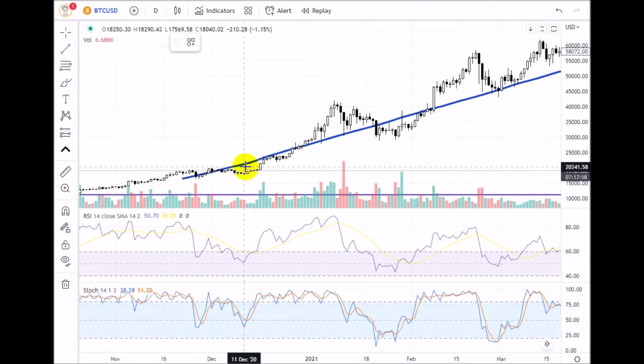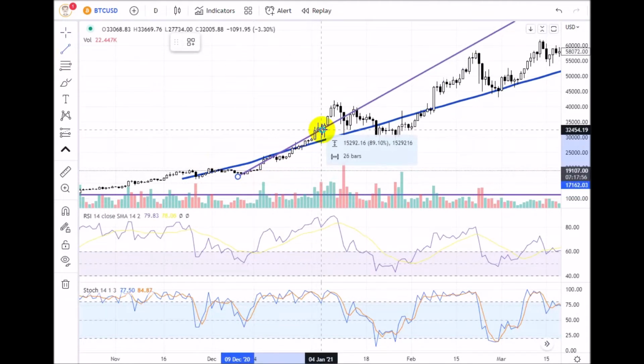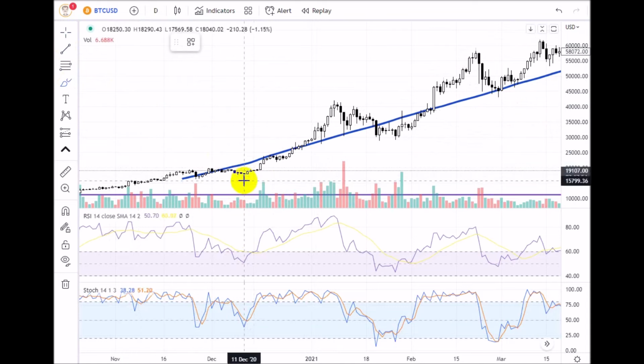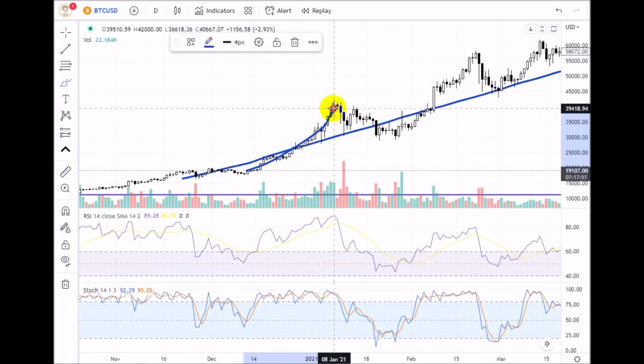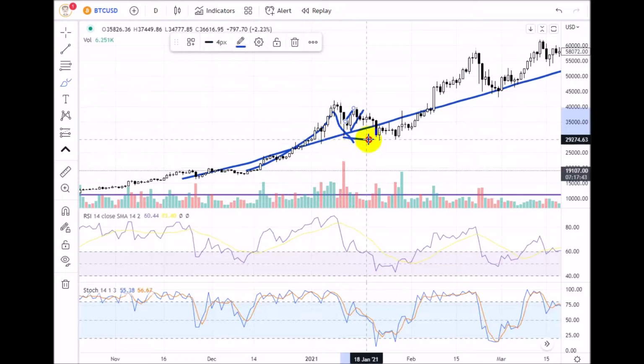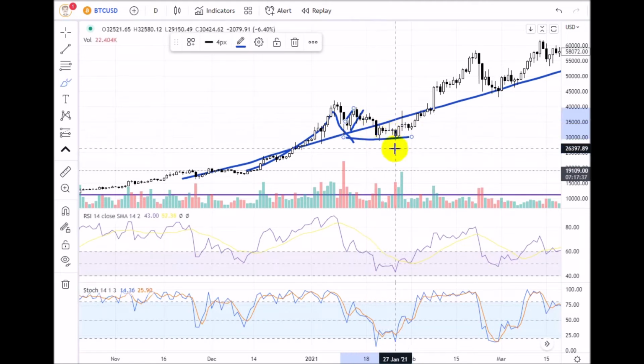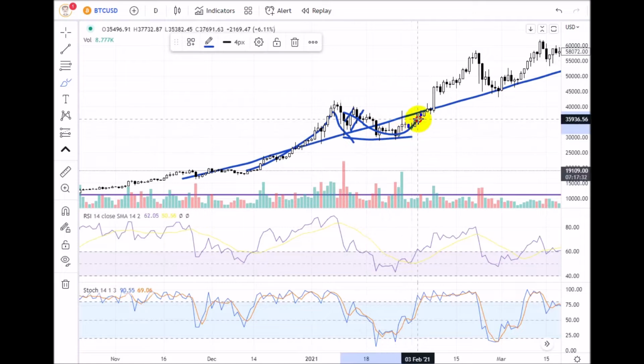You can see we've rallied up from right here, come down, flagged out here. Here's our ABC. We have our support level right across here. And you can see that it never broke below these lows. It danced around these levels, rebuilt support, flagged out, found support, double, triple bottomed, and then rallied higher.